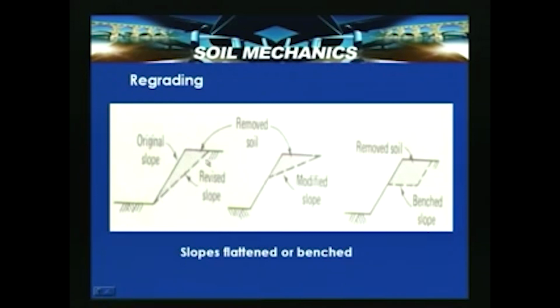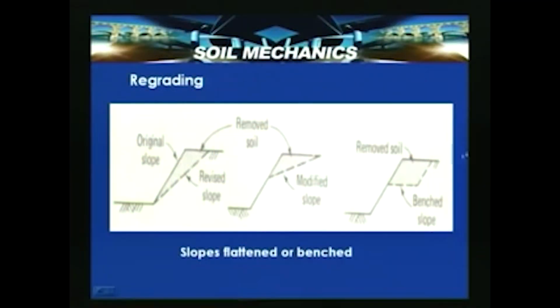By removing this portion of the soil, the factor of safety of the slope cross section increases. This is the removed portion, and this slope is now like benching. So, provision of a berm or benching for slopes is also considered a remedial measure for increasing the factor of safety.